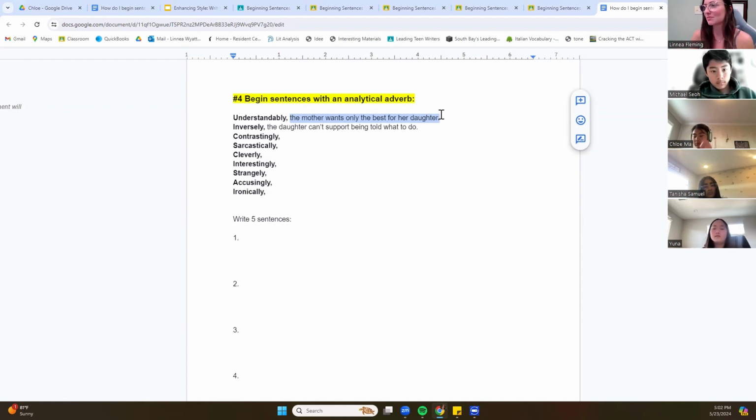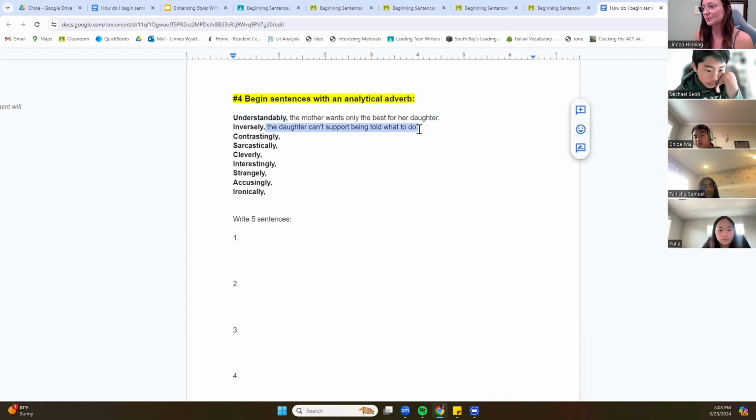What a great sentence. Clean, makes sense. But if I wanted to add some of my own voice, I might add an adverb that shows my point of view, the writer. Understandably, the mother wants only the best for her daughter. Understandably. I mean, who wouldn't? So just adding this gives almost a little bit more of a voice to you as a writer.